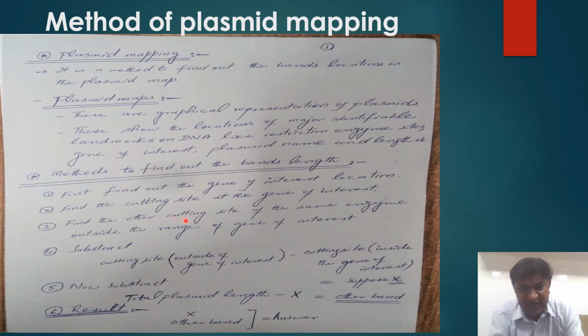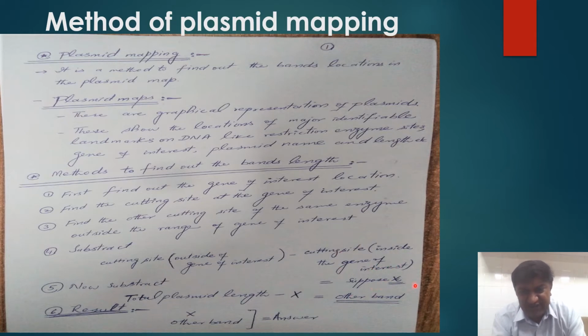Then find the cutting site of the same enzyme outside the range of the gene of interest. Then fourth, you need to subtract the cutting site outside of the gene of interest minus the cutting site inside the gene of interest.